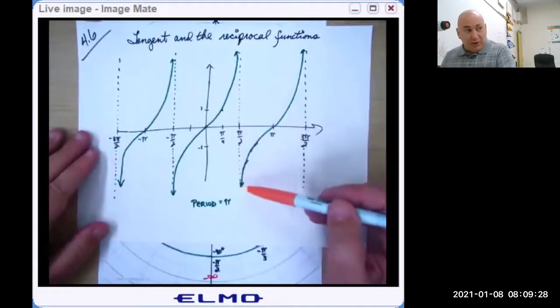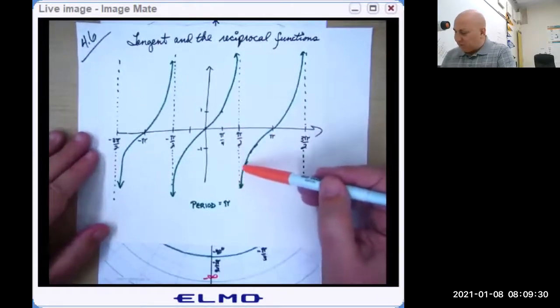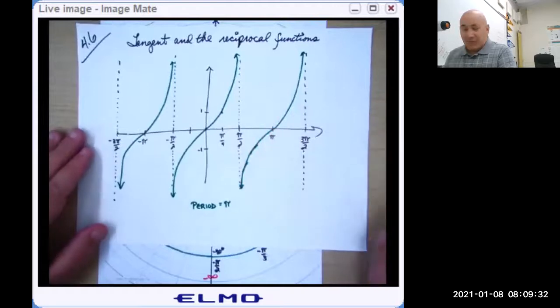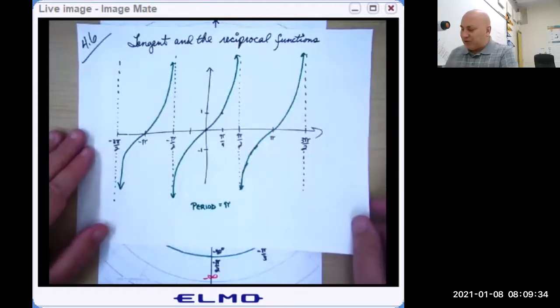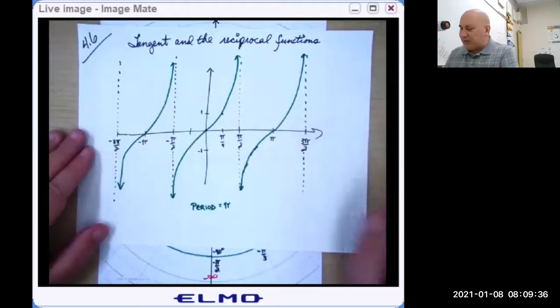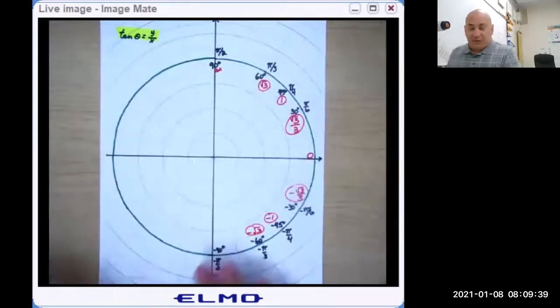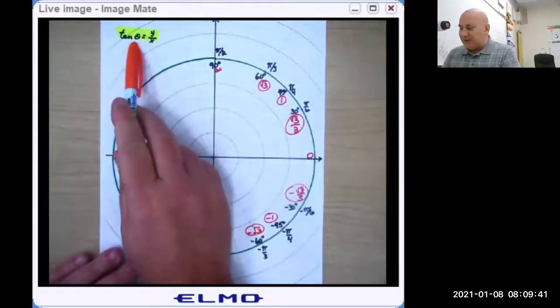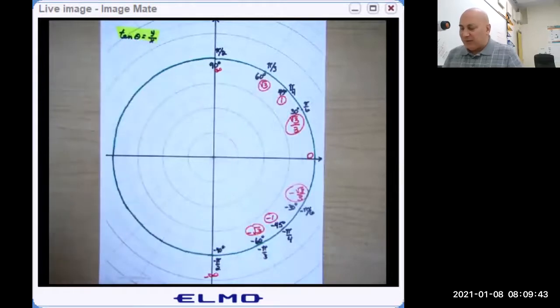So down here it starts at -infinity and works its way back up again. So this is what the tangent graph looks like. This is where it comes from, keeping in mind that the tangent of theta is y over x.